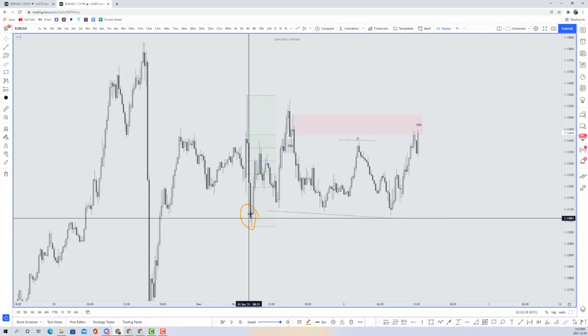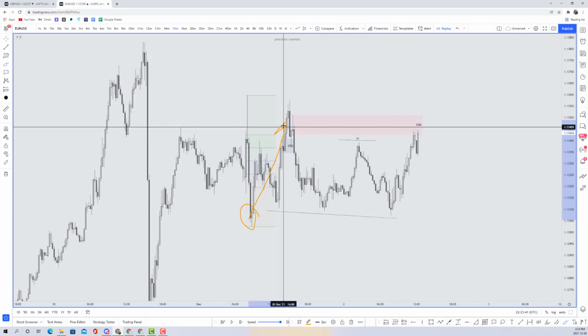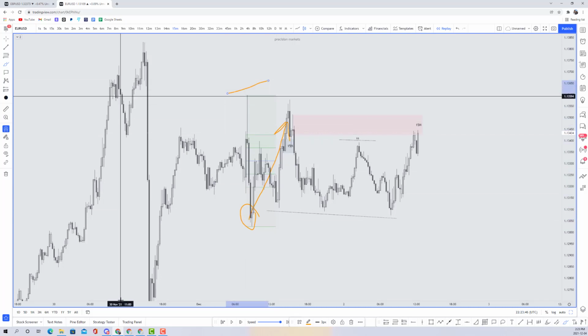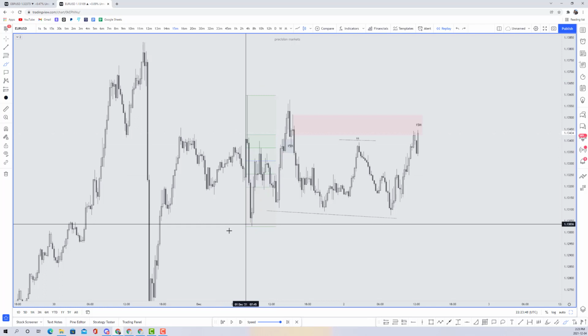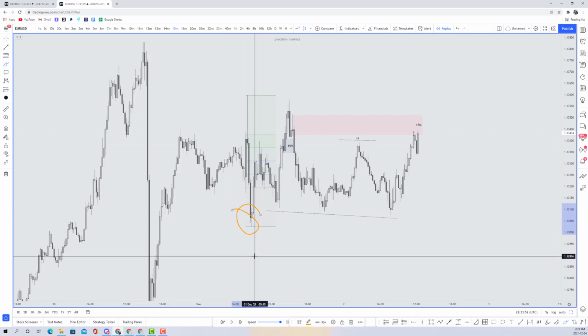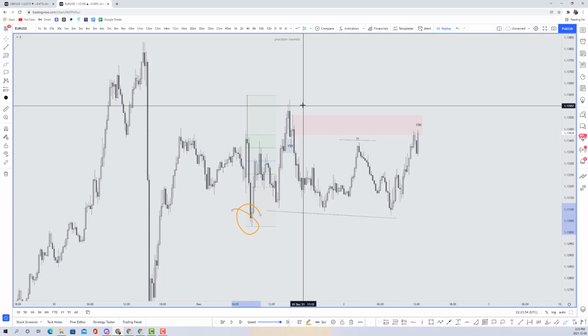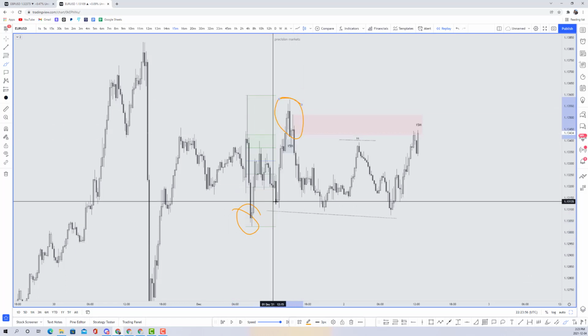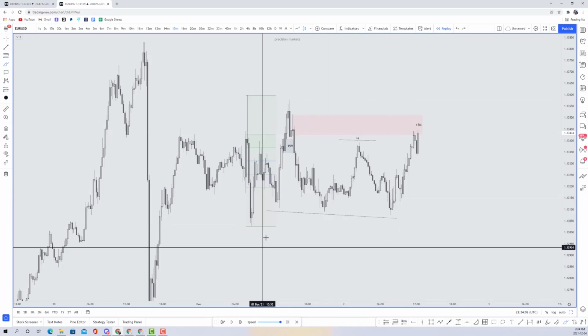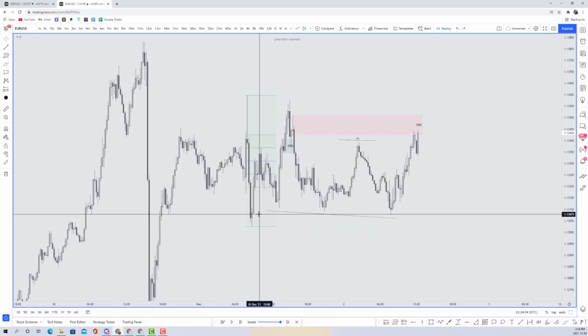This low, when it pushed up, it was not able to take this high. So even though we're dealing with substructure, right away, I have to make an assumption that this low is relatively weak and that this high is relatively strong. There's equals down here, lots of resting orders, lots of sell stops, stop losses, all that good stuff.